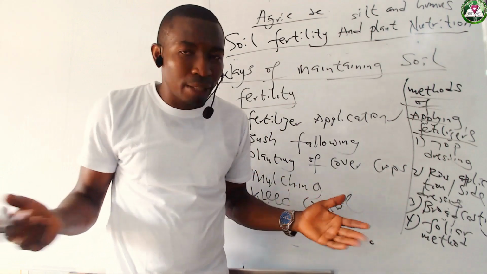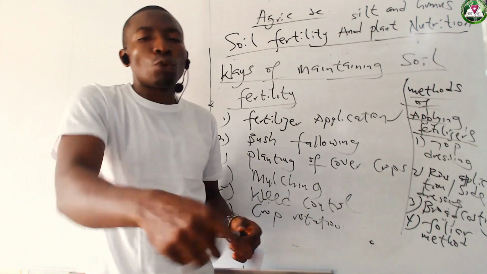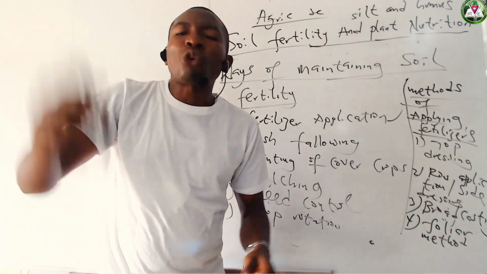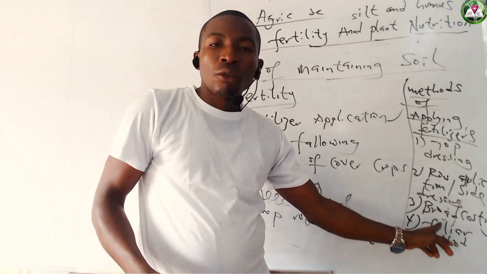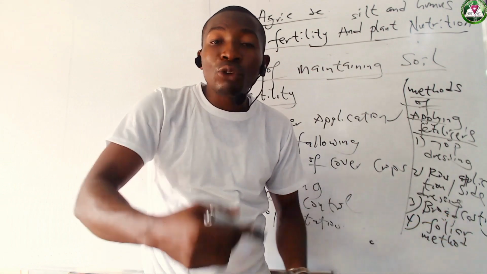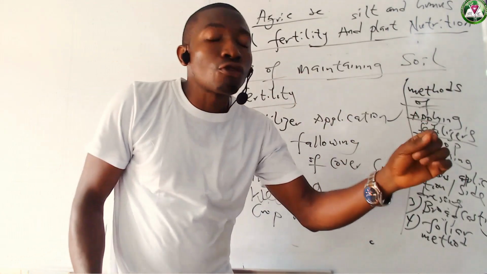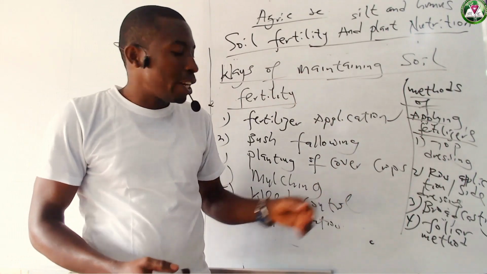Some of them have not seen it before, but we have it. You get the liquid fertilizer, you dilute it with water, and after diluting, you start applying it on the leaves of the crops. That is the foliar method.